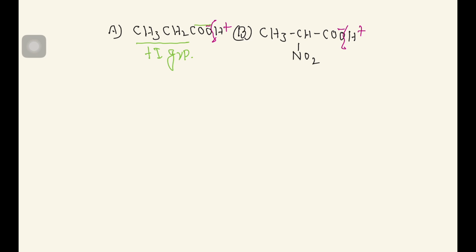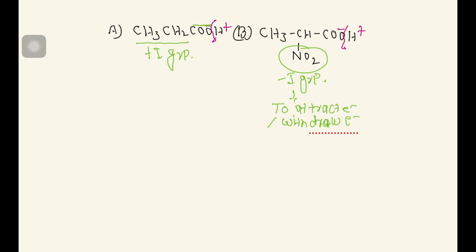So here due to plus I group, the negative charge increases, and in B you can see minus I group, which attracts or withdraws electron.